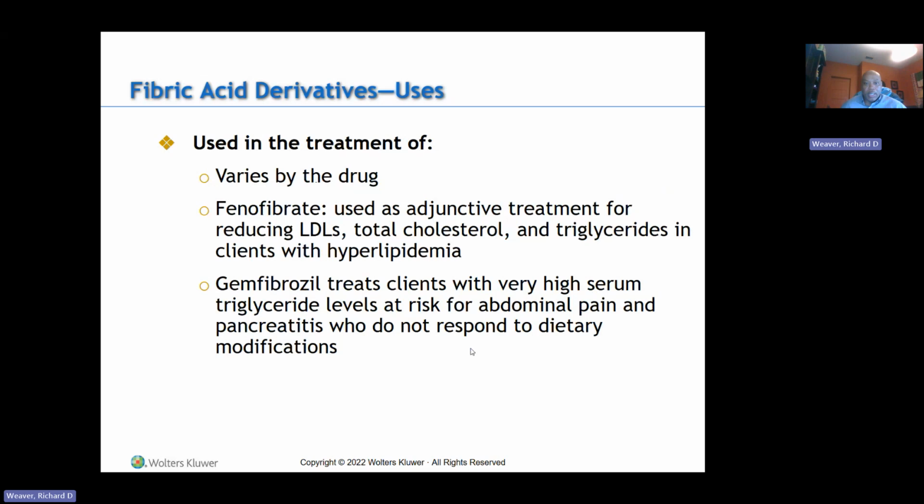In terms of use, although the fibric acid derivatives have anti-hyperlipidemic effects, their use varies depending on the drug itself. So they don't quite all work the same.